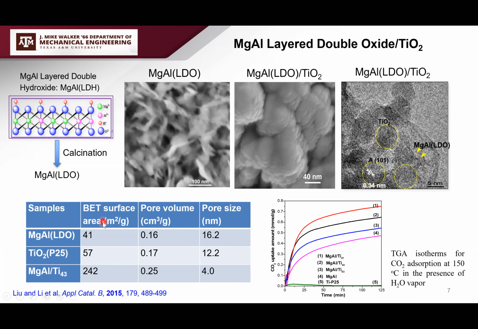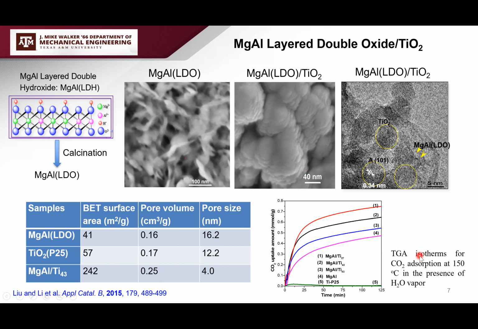Interestingly here, if you look at the BET analysis, this hybrid material with 43% titanium dioxide exhibits a dramatically higher surface area than the individual components. That means putting them together induced a lot of small pores, so the surface area increased.